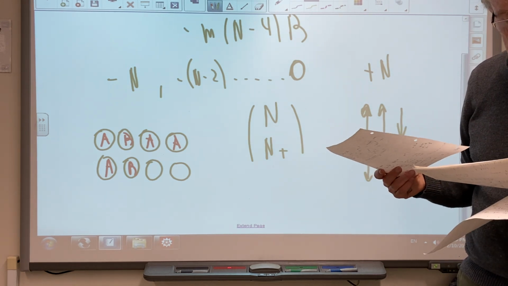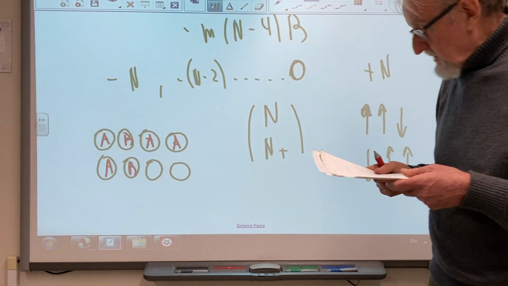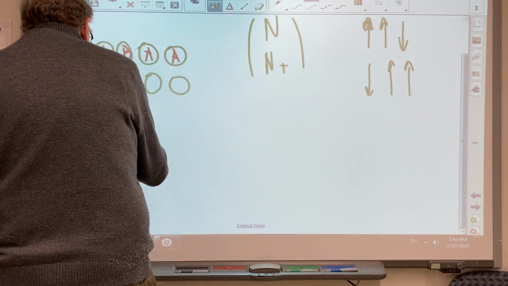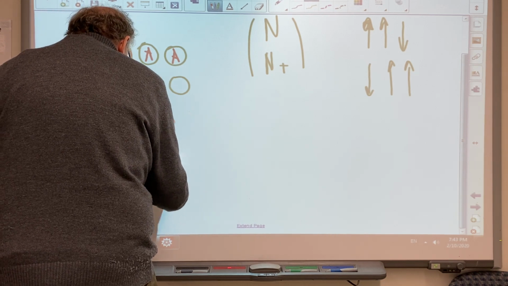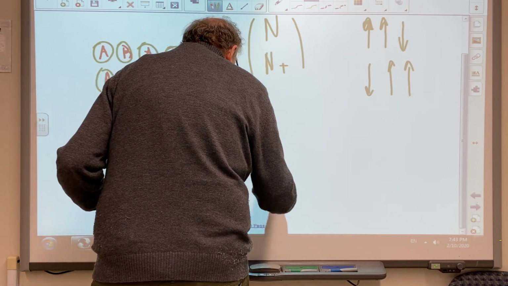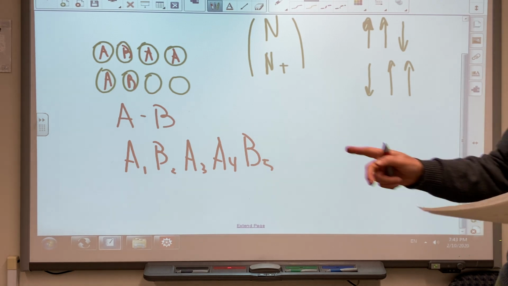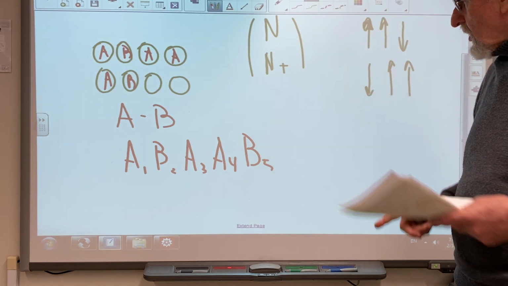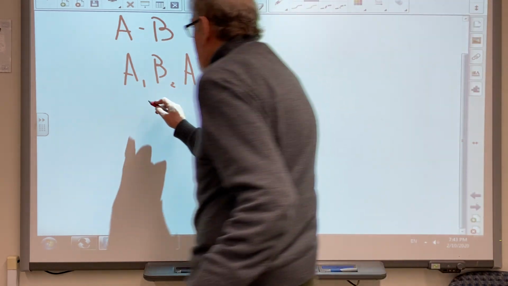Let me see if I did a numerical example. Yes, here I did it. Let me write. In my AB alloy, I can have, let's say, A1, B2, A3, A4, B5. I'm putting a subindex to remember which particle is which. This is the first particle and happens to be A. This is the second and happens to be B, and so on. And again, how can I denote all the possible states?